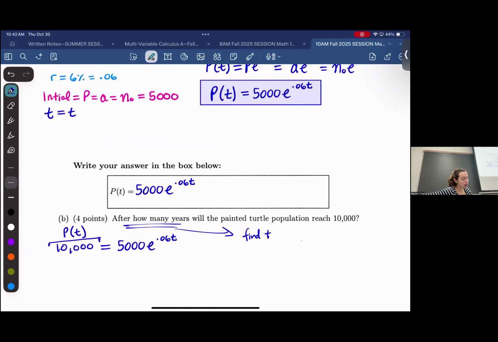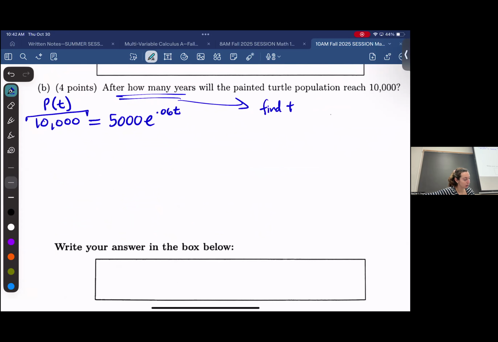And now we just solve. So inverse operations tells us to divide both sides by 5,000. Exactly, we get 2 is equal to e to the 0.06t.